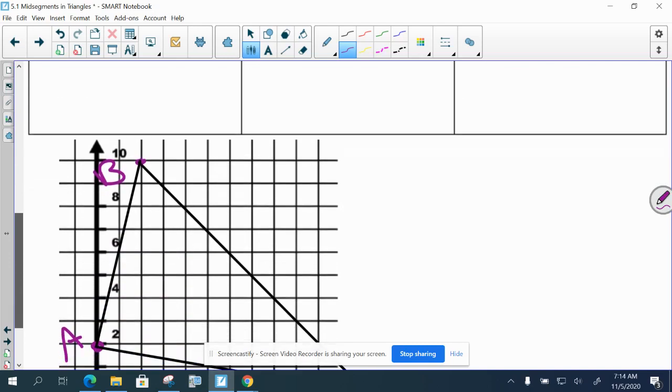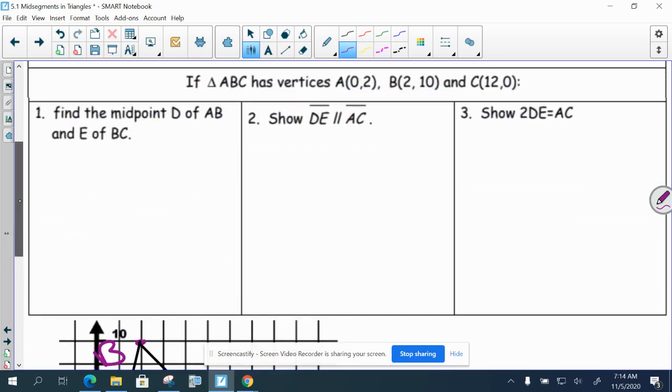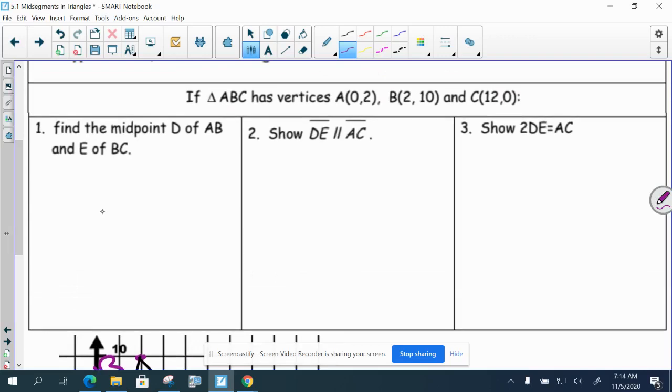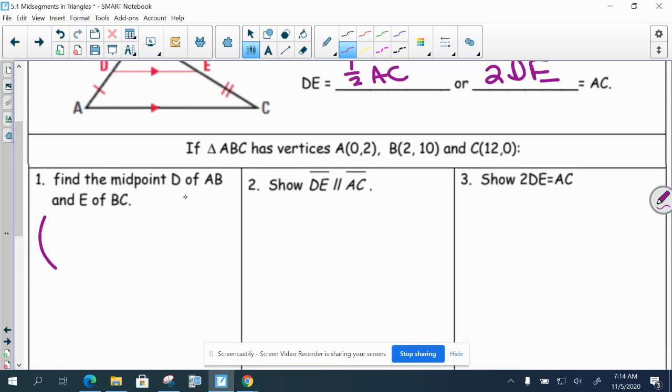Let's go ahead and use the midpoint formula then. There is a way that you can do it just with counting with a slope, and you can do that if you want, but I'm going to show the way to do it with the midpoint formula. The midpoint formula says add the x's and divide by 2, and then add the y's and divide by 2. So point D will be of AB.